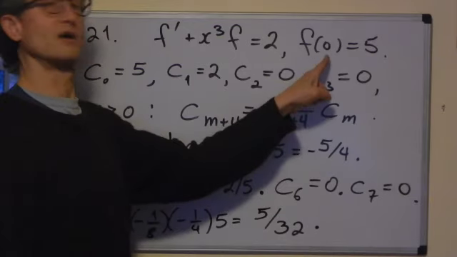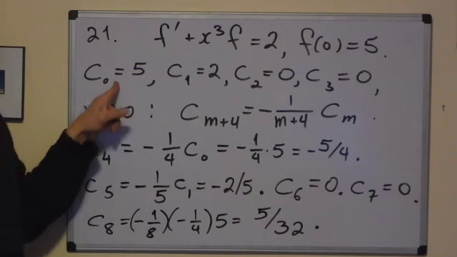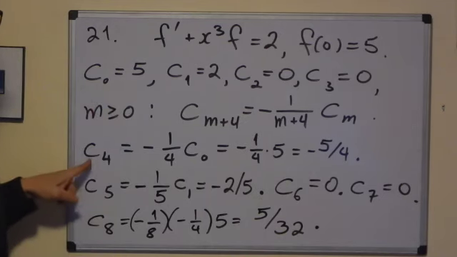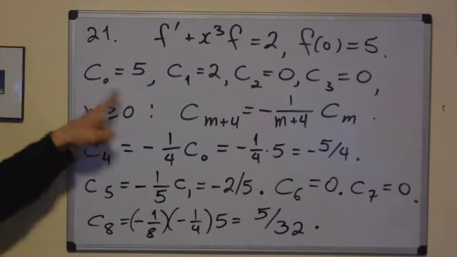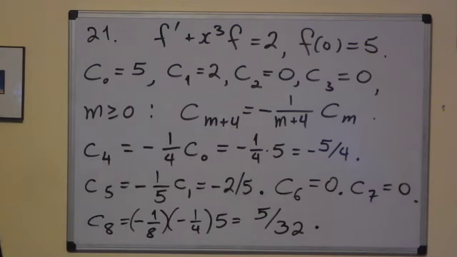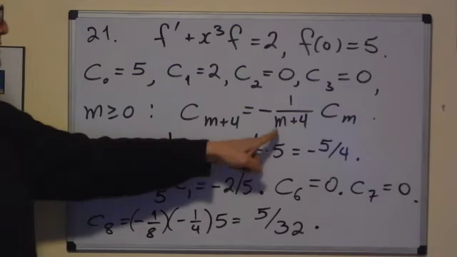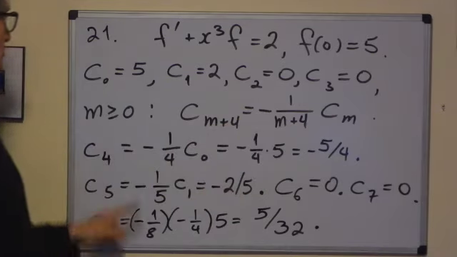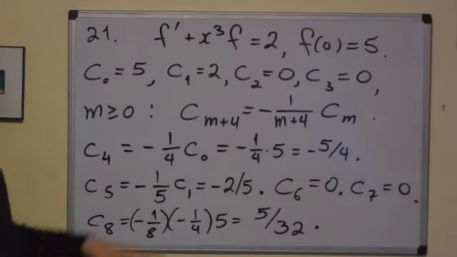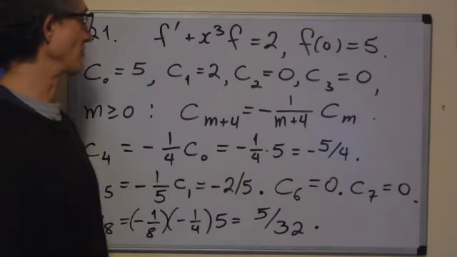Now because f of 0 is 5, the constant term is 5. And so the fourth coefficient is related by this to the 0th coefficient. Here m is equal to 0, so minus 1 over 4 times c0. That's minus 1 over 4 times 5.